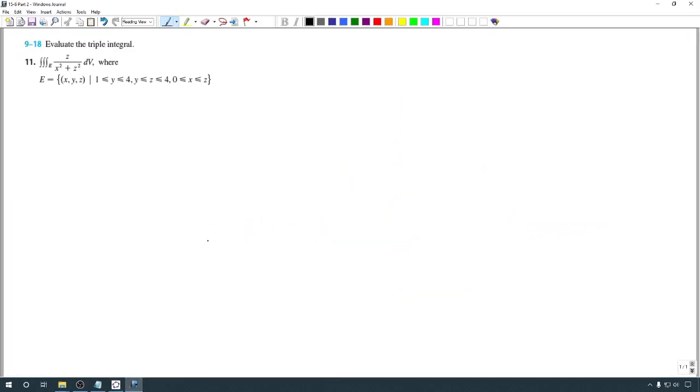Now, we didn't really have to look at the picture, though it is nice to see, because what they've already done for us is they've written E as a type 3 region. Wait, sorry, I mean type 2. I guess type 2 was the one where x was a function of y and z.